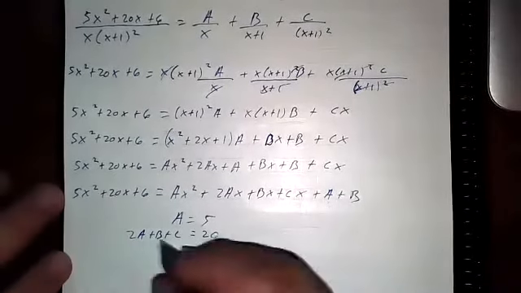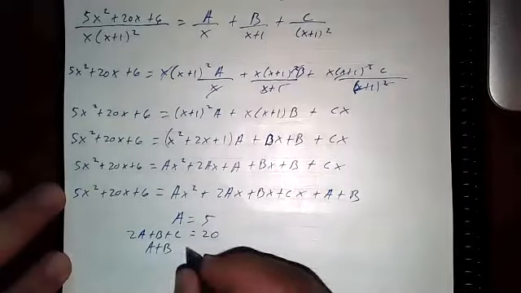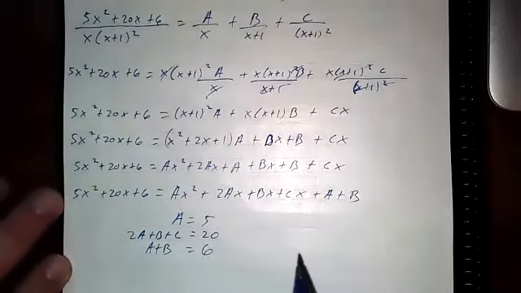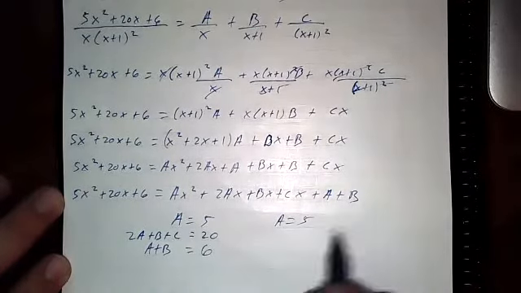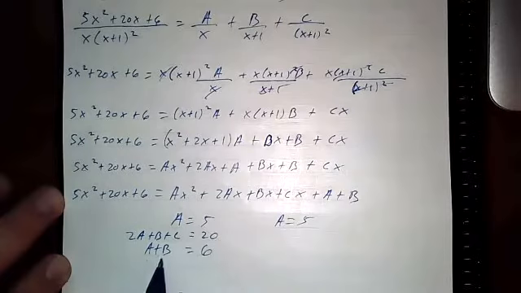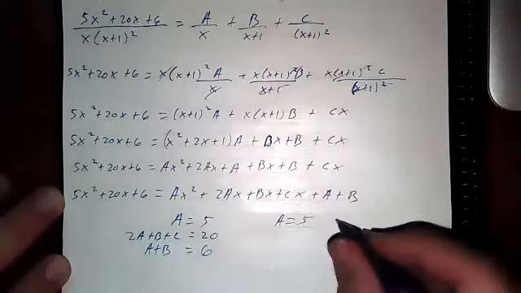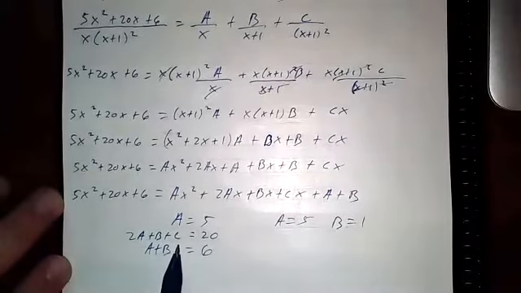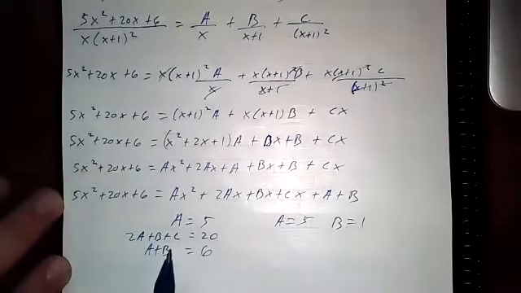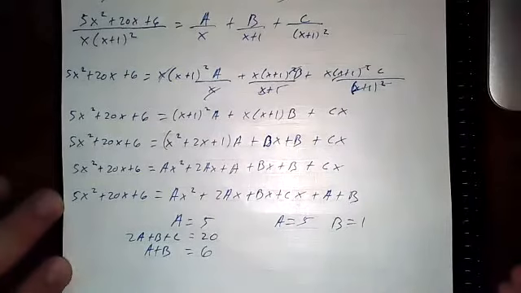Then the constants, a plus b is equal to 6. So a is 5, so that was given to us nicely. If a is 5, then b has to be 1. If a and b are 5 and 1, c has to be 9.